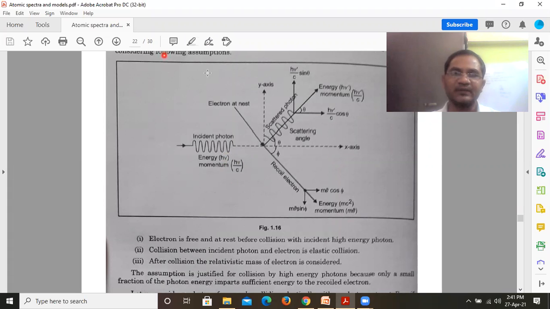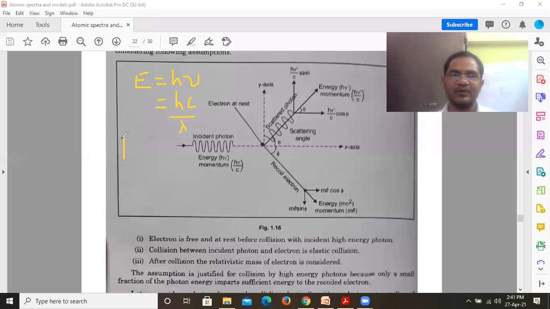Before that, I want to recapitulate some points regarding the photon. What is the energy of the photon? According to Planck's quantum theory, the energy of the photon is equal to h nu, that is h c by lambda in terms of wavelength.